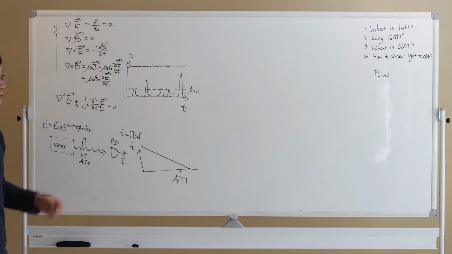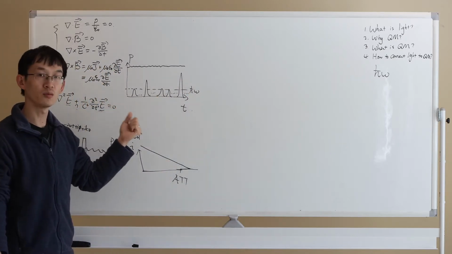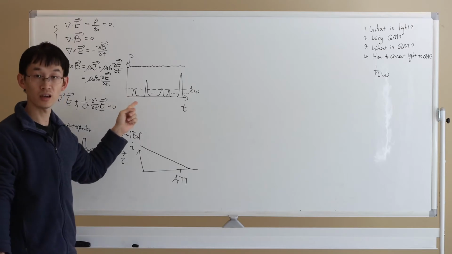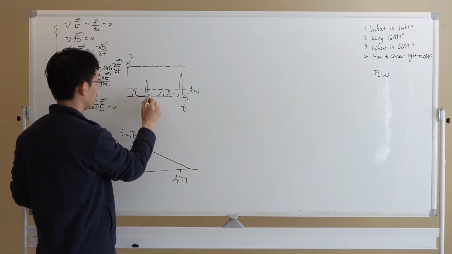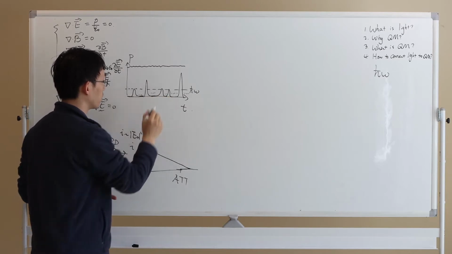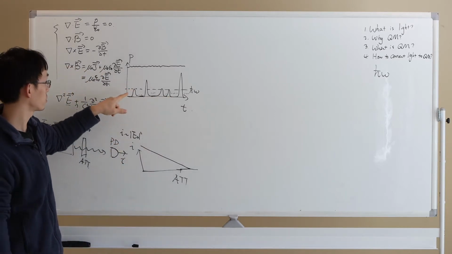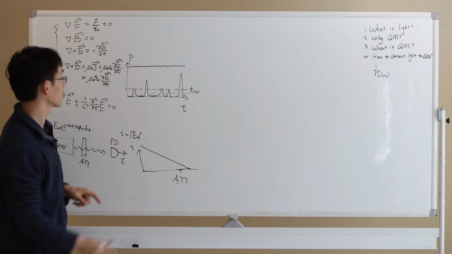So you will see that in a lot of moments, you actually don't see any light at all. You don't see any photon or any energy at all. And then at a certain moment, you will see a quantized scale.